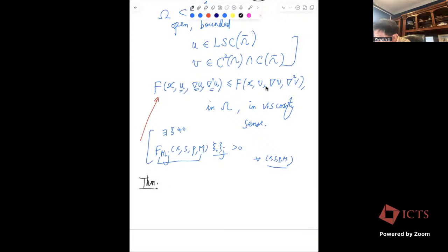this is the maximum principle. Assume u is greater or equal than v on the boundary of Omega, and assume also inf u is bigger than minus infinity.